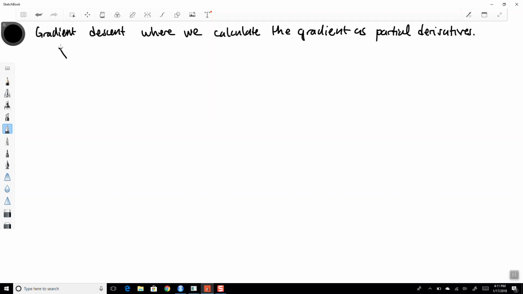Our gradient of the loss function is going to be equal to the partial of the loss with respect to W0 and the partial of the loss.